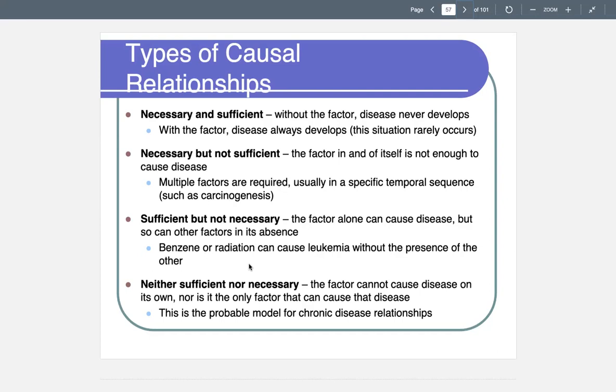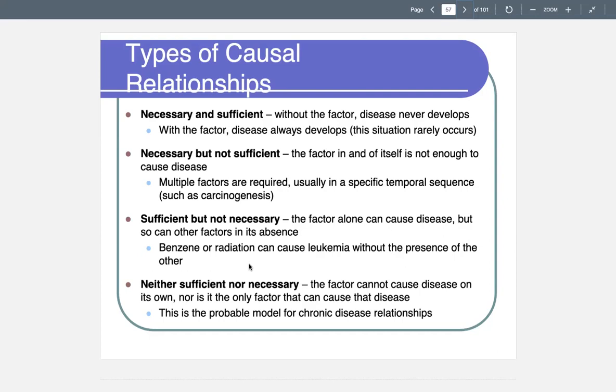Okay, hindi yan kailangan pa ng yung radiations ay kailangan pang samahan ng organisms or kailangan pang meron siyang kasamang organisms para mag-cause ng leukemia on that individual. Hindi, no? Kahit yung radiations lang, long exposure to a ultraviolet radiations class, no, can cause leukemia. Okay, so that is an example of sufficient but not necessary.